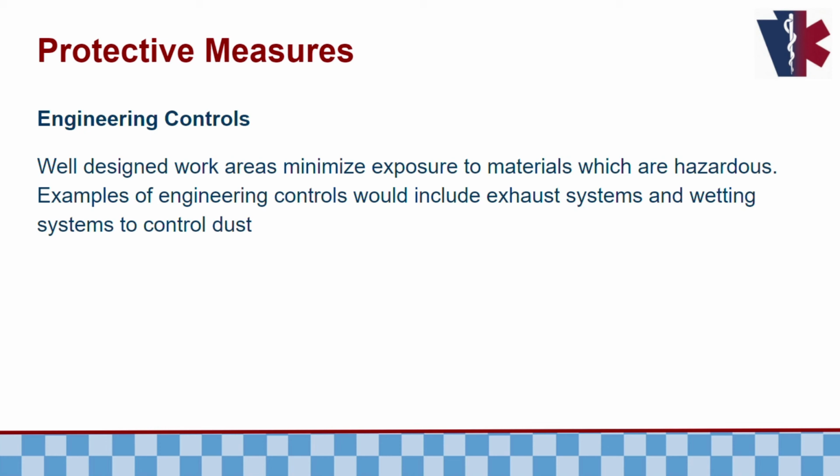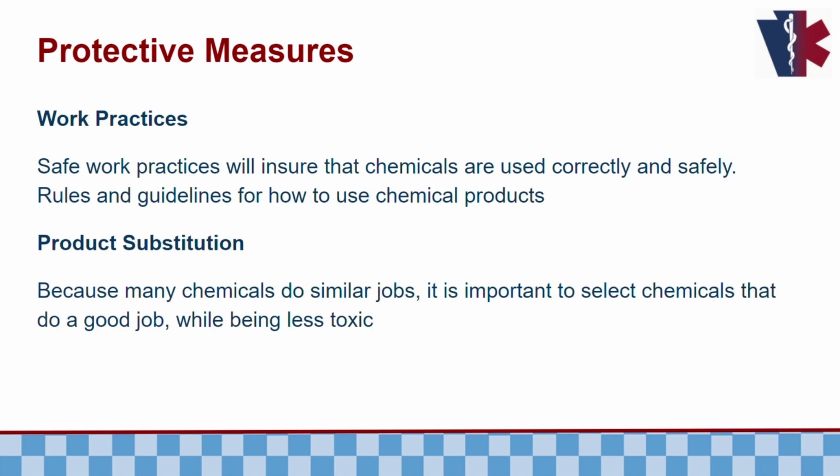Engineering controls are design elements that protect from or reduce the exposure to chemicals. Work practices are rules for how to use chemicals and protective devices.